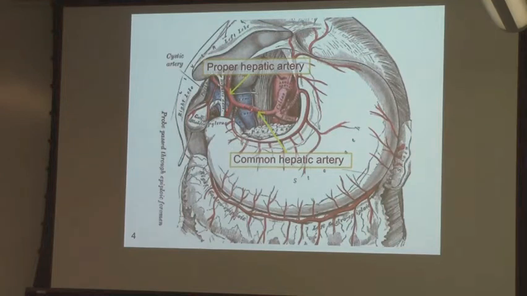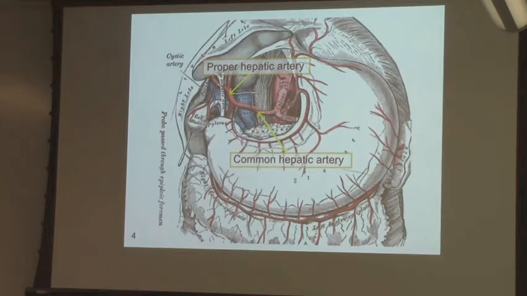But a major branch of the common hepatic is the proper hepatic artery, or just the hepatic artery, that goes to the liver, as the name would suggest. Okay, so I think those are the main arteries that we want to know about here, coming off of the celiac trunk.